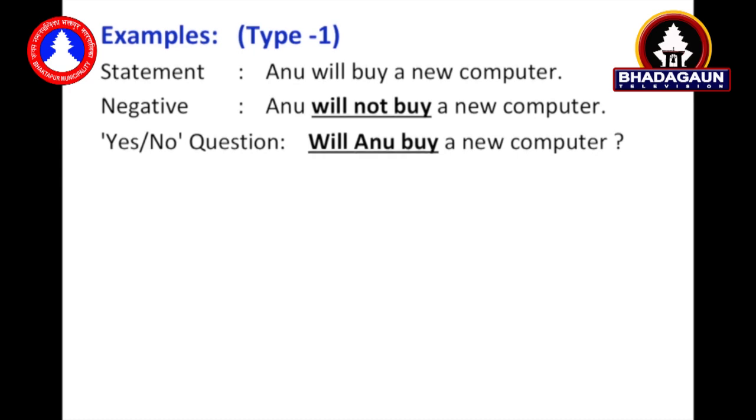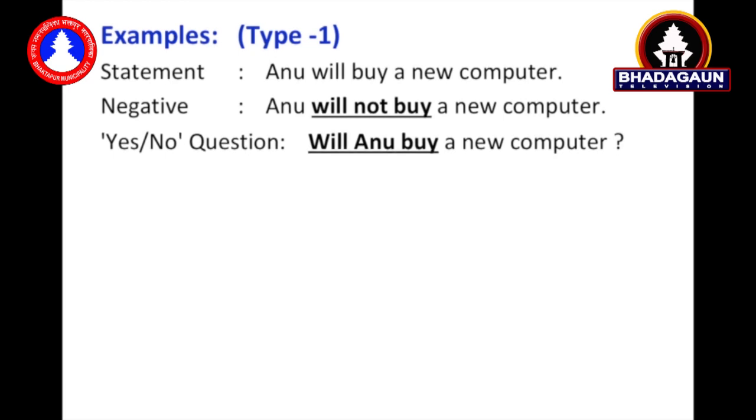Will Anu buy a new computer? And what have I done here? I think you have understood this. Not is added next to will, and will is an auxiliary verb. So not is added next to the auxiliary to make a statement negative, and will is placed before the subject to make the assertive statement into a yes/no question.